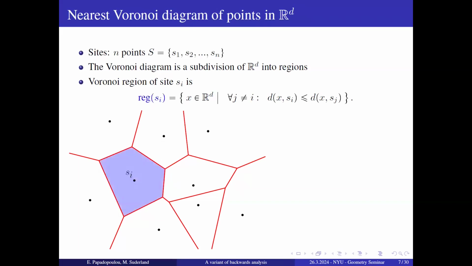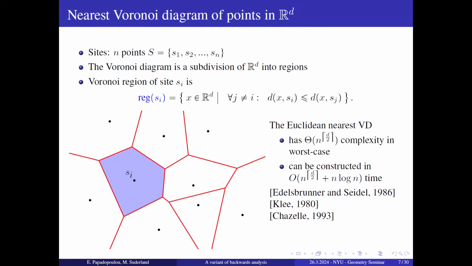I've highlighted the region of the site as I. The Euclidean Voronoi diagram of points is well studied. Even for any dimension, the worst-case complexity is known, and also an efficient algorithm for computing it. We will only focus on the two-dimensional version, and note here that the diagram has linear complexity, and it can be computed in n log n time.